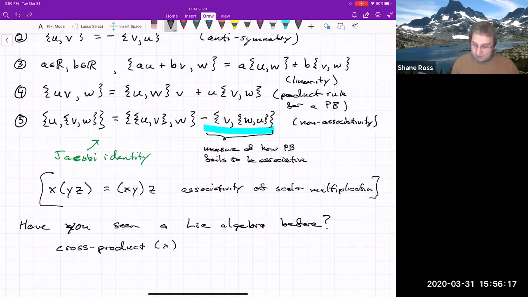So the cross product, as an operation on vectors in three-dimensional space, or R3, obeys these properties.